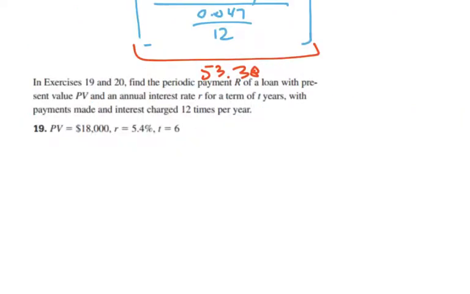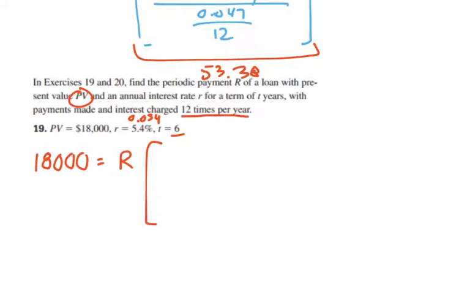Alright, so moving on, we have the periodic payment R, so apparently we don't know what that is, because we want to find it with a present value. So again, they already mentioned what our formula is going to be, of 18,000. And so we don't know what R is, but we do have a rate of 0.054, the fact that it's going to go for 6 years and 12 times per year.